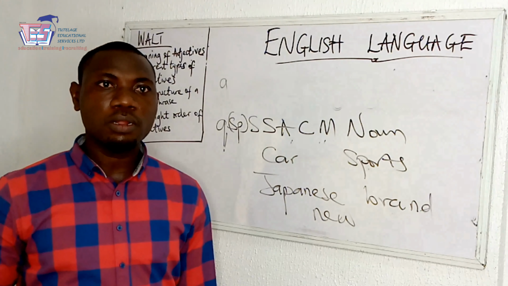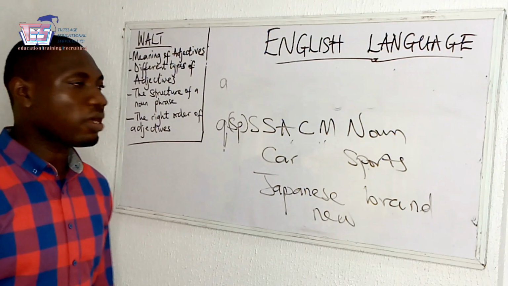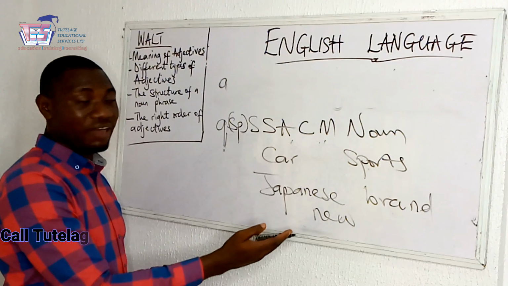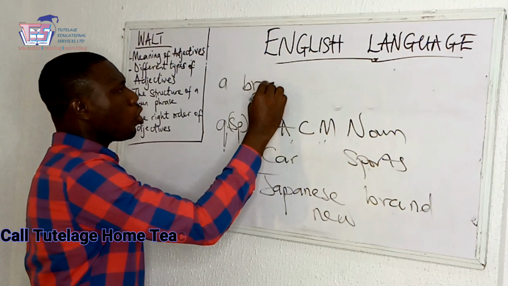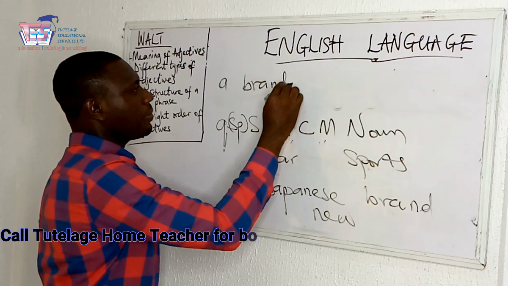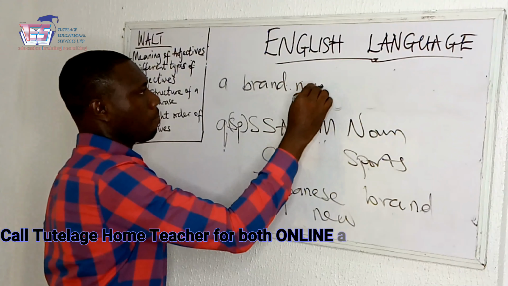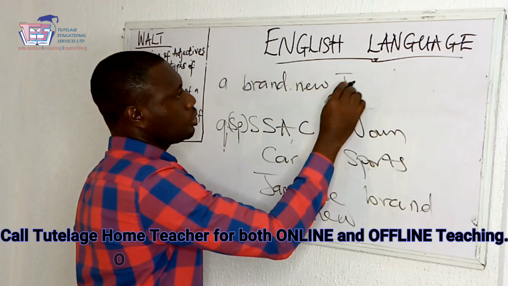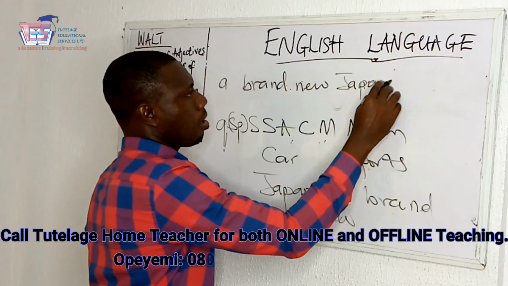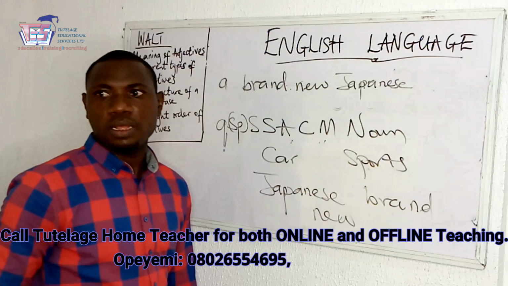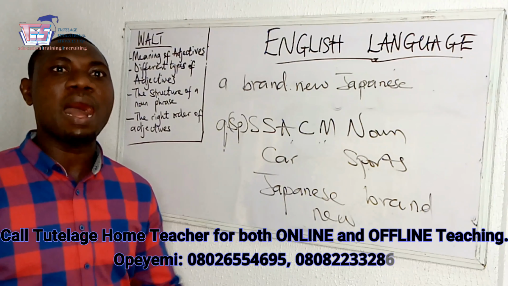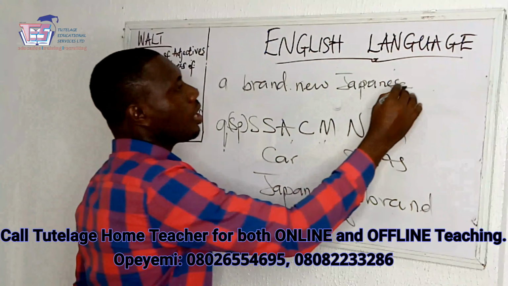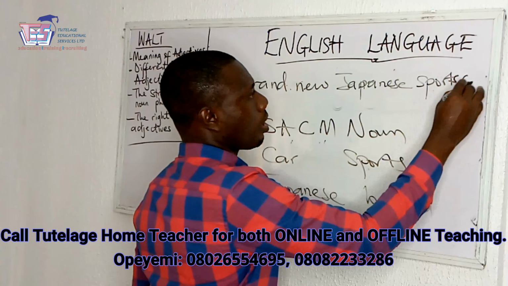I'll put my article if it is there. Second thing, adjective of age is the next thing that should come based on what I have here. So brand goes with new, of course. Brand new. Where does it come from? Japan. Japanese. Then, originally, we're talking about a sports car. You can't separate sports from the car. So you have sports car.